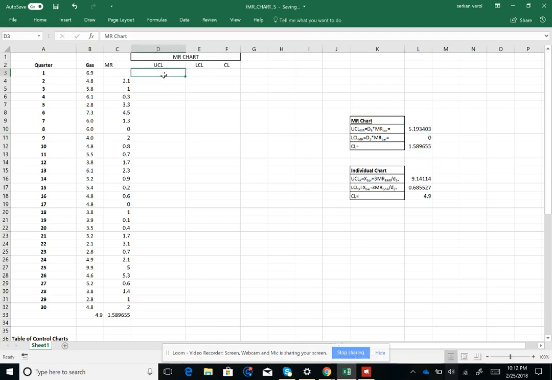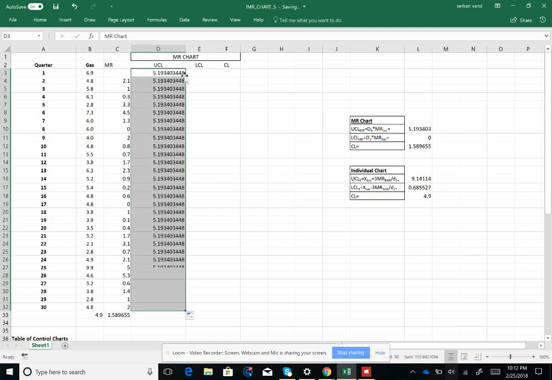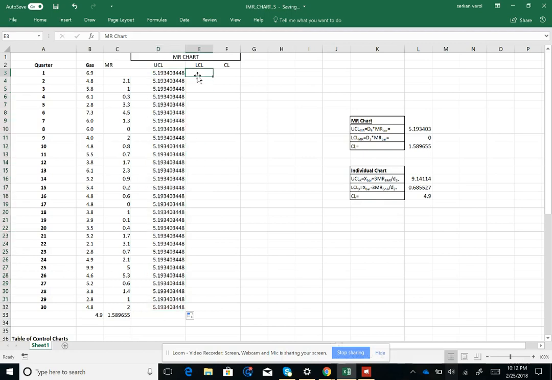Upper control limit is 5.193. Actually, we can just do L10, right? L10, it will give us that value. All right, I'm gonna lock it so that I can just do a double click on that green box, and there you go. So that's the values that I was looking for. So for lower control limit, we know that it's always 0, so I don't need to do anything about it.